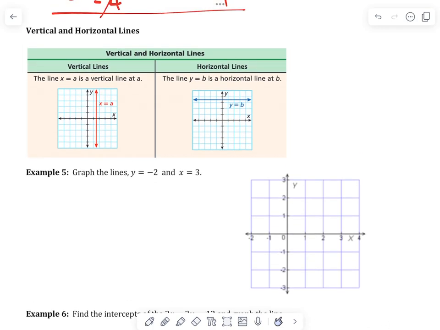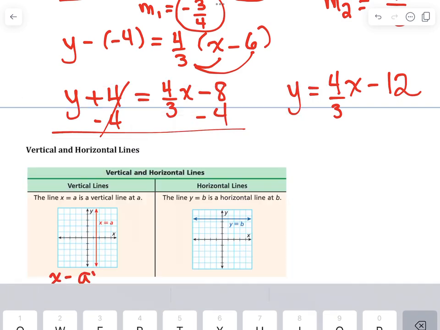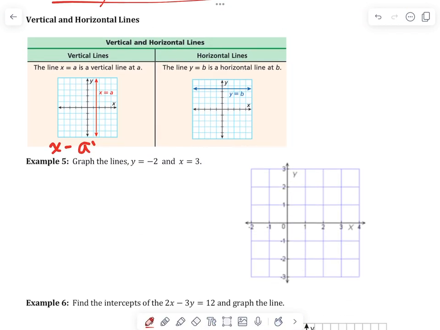Our next concept is on vertical and horizontal lines. So a vertical line runs through the x-axis. And a horizontal runs through the y-axis. So we have two examples. The first one says graph y equals -2.